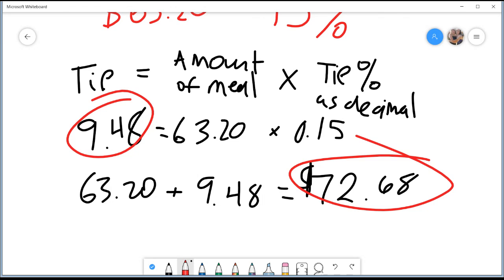So our tip is $9.48. Oops, I forgot the dollar sign. And our total amount that we paid is $72.68. On your homework, you will be asked for both the amount of tip and the total amount. So make sure that you are finding both pieces when you are going to submit.